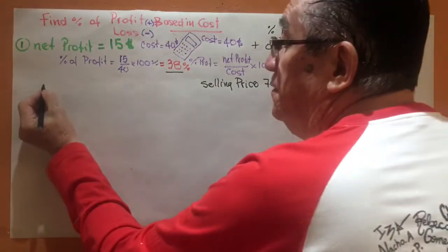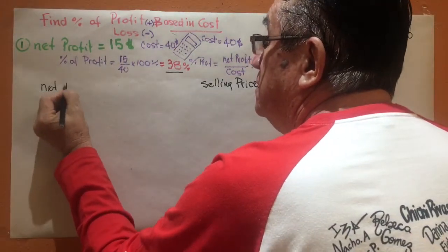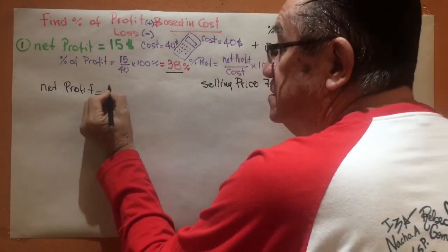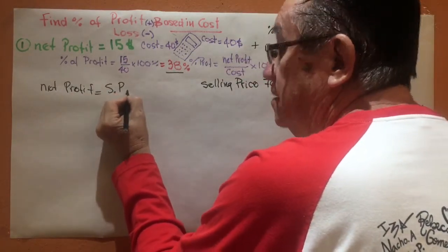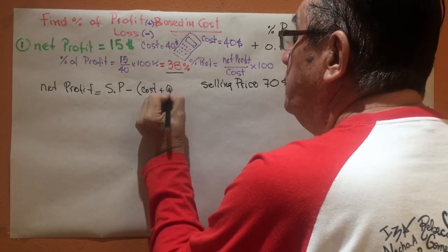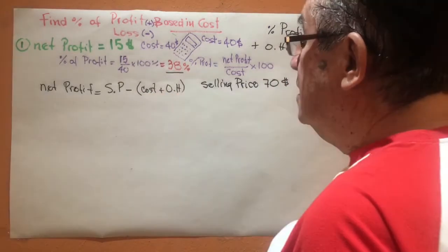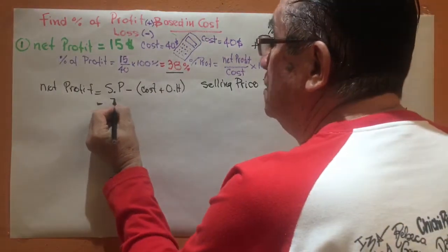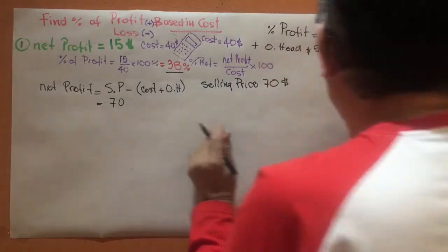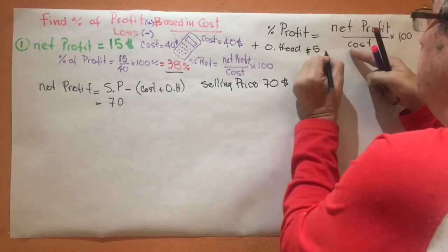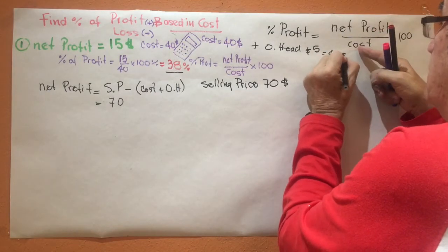First, net profit is equal to selling price minus the cost plus the overhead. My calculator was sold for $70 and my cost was 40 plus my overhead, which makes $45.